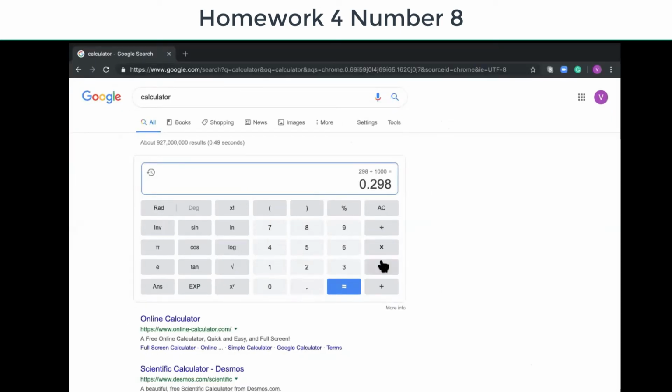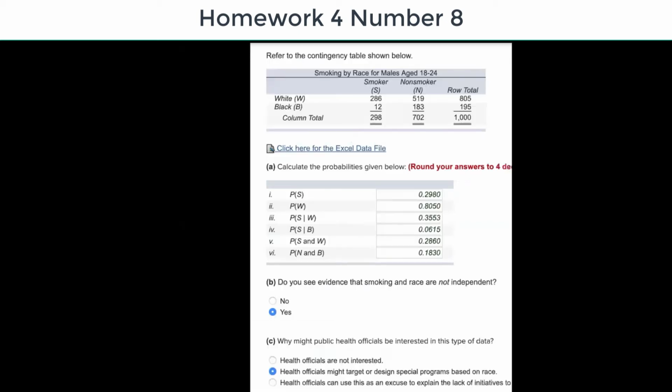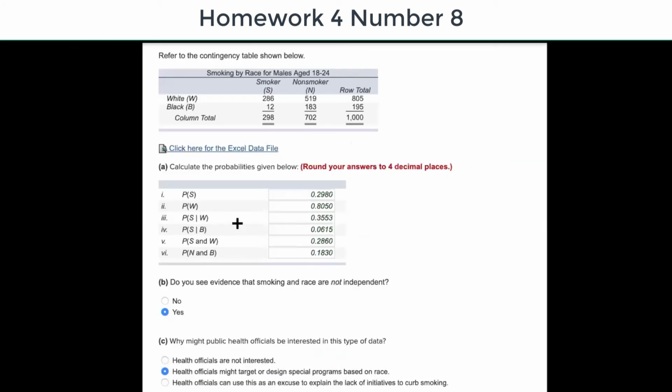I already had it up there because I did it earlier. I'm getting 0.239. Now, did that equal what I had before? Let's go check. Originally we had the probability of smoking and white was 0.286, so that does not equal what I just got in my Google calculator. So these are not independent, they would be considered dependent.